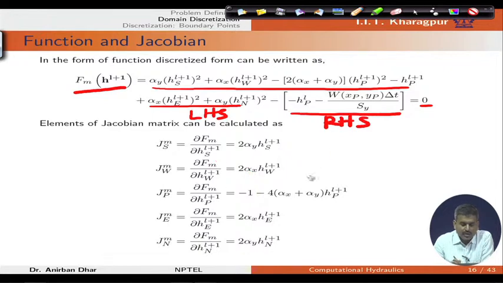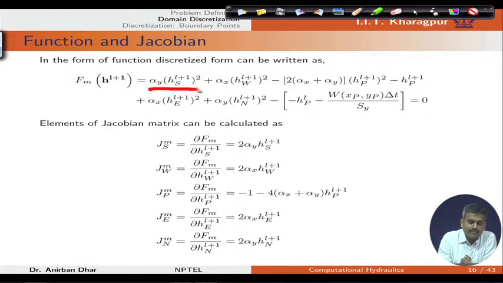So, to calculate the elements of the Jacobian matrix, I need to take derivative of Fm with respect to Hs, which is 2 alpha y Hs, it is directly coming from here. Now, next one is Hw, which is coming from here.